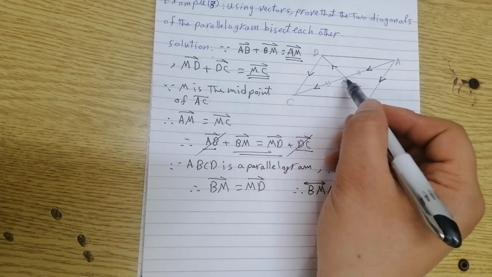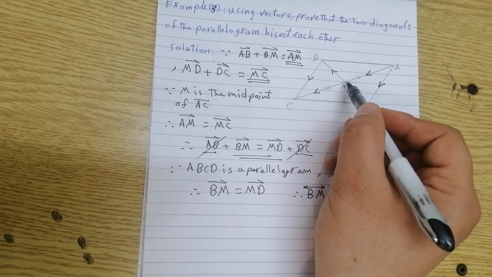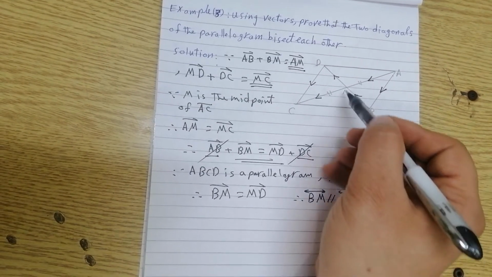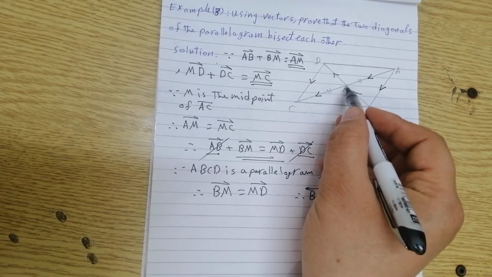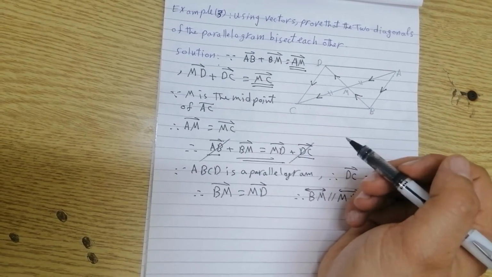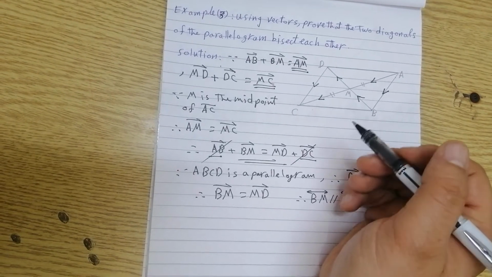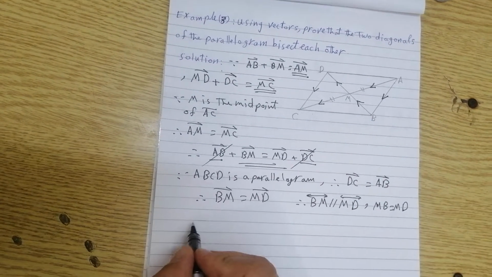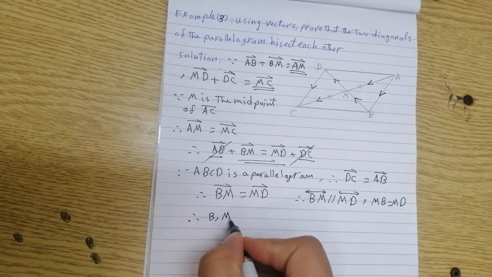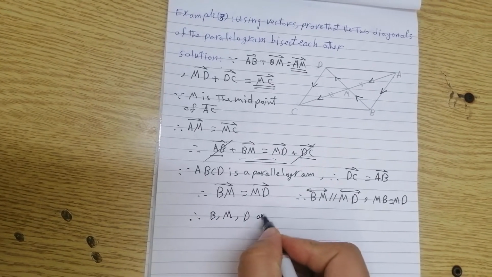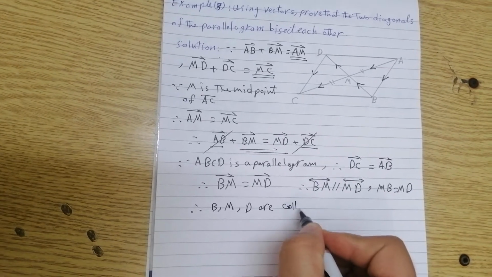If they are parallel and having a common point, M, then they are coincident. Coincident meaning that they are collinear. Then B, M and D are collinear.